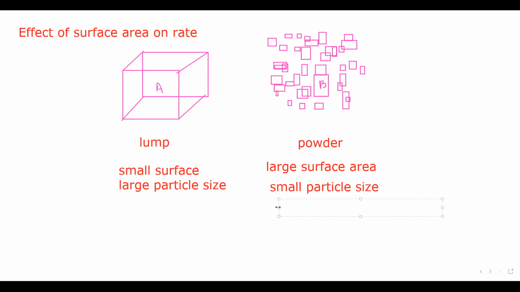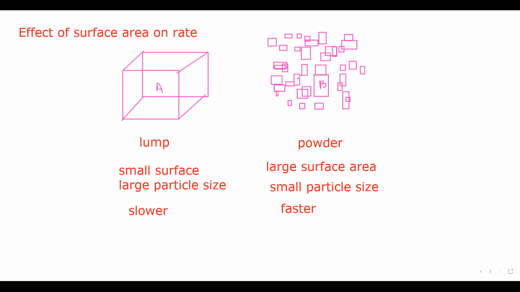So B will have more collisions or faster reaction and A will have a slower reaction. So whenever you want to increase the rate of the reaction, you should always use a powdered form.